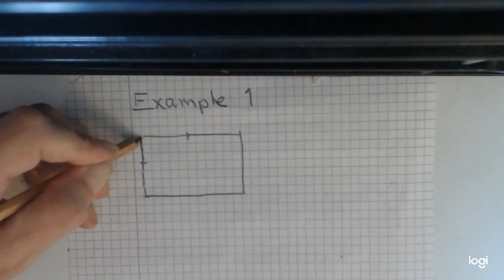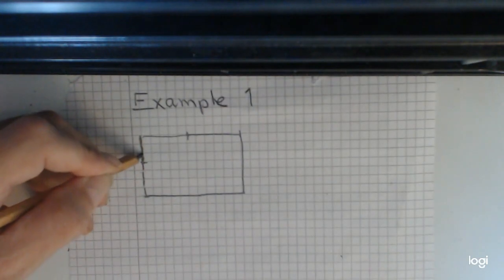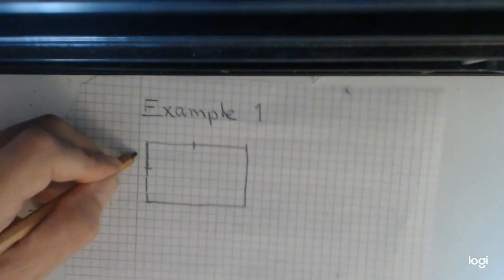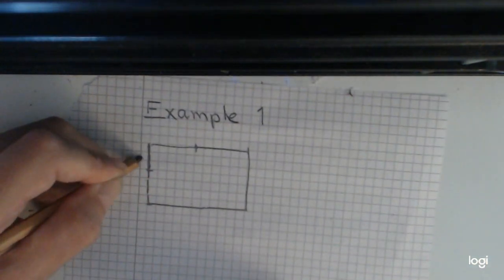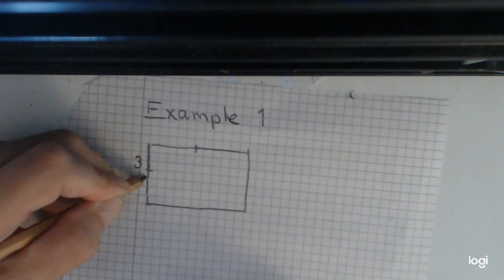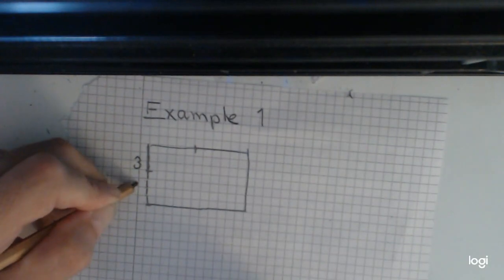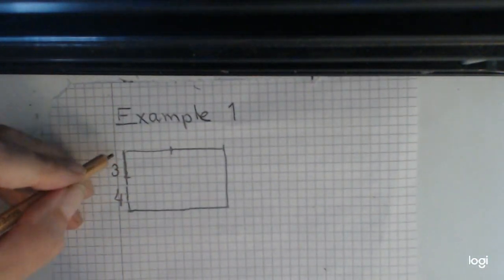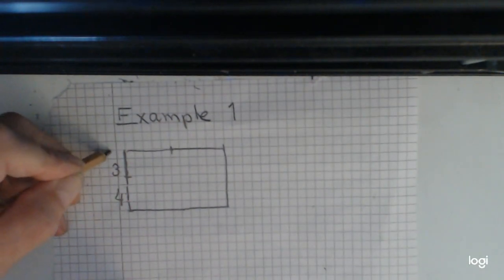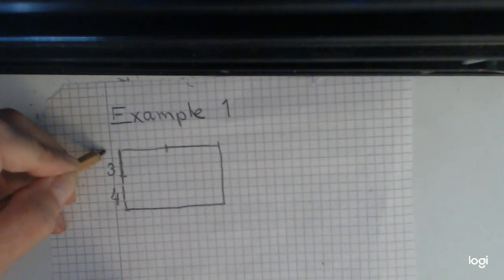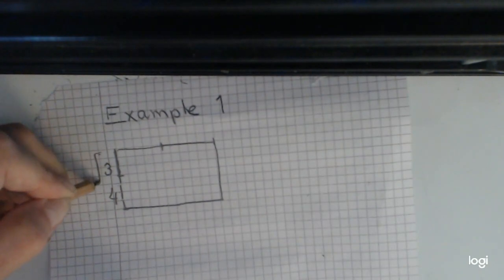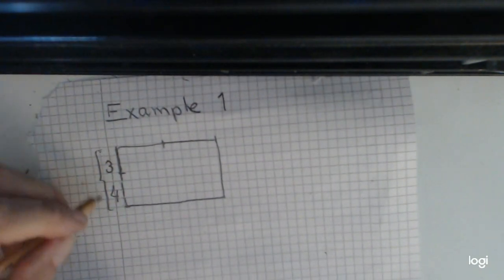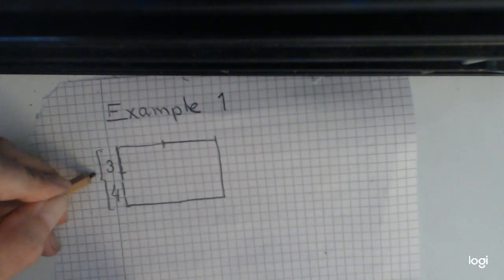This distance here is 3. 1, 2, 3, 4, and this is 4. So the total length of this rectangle side will be 7.